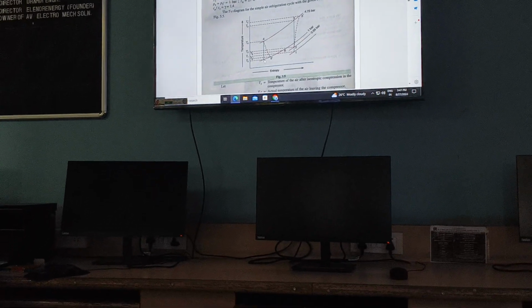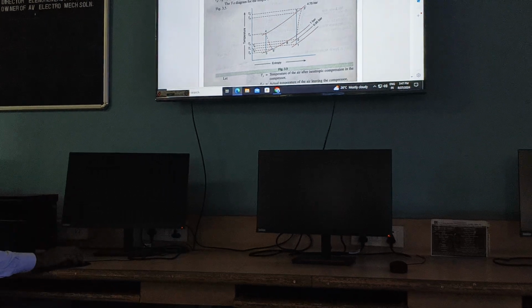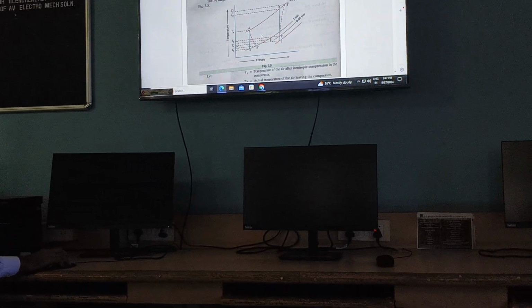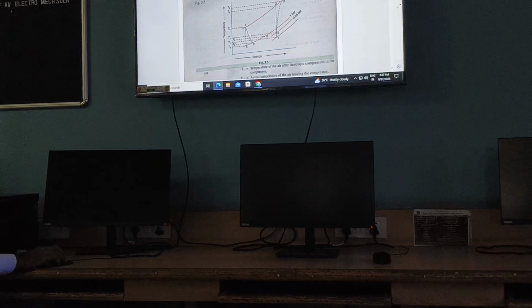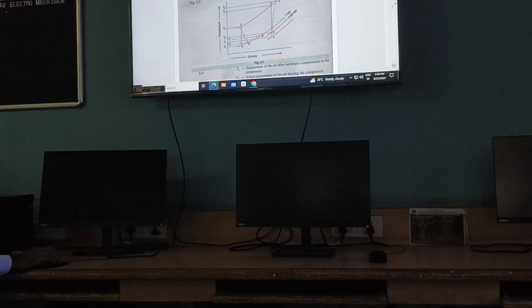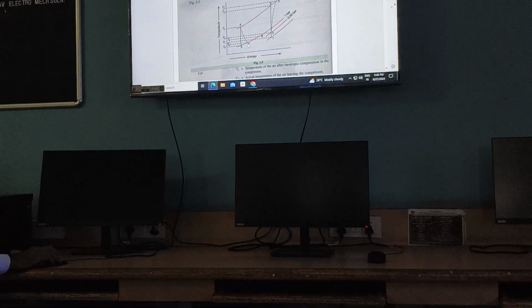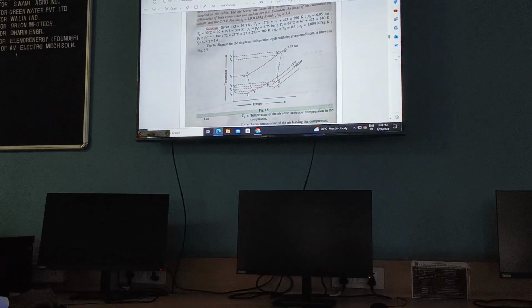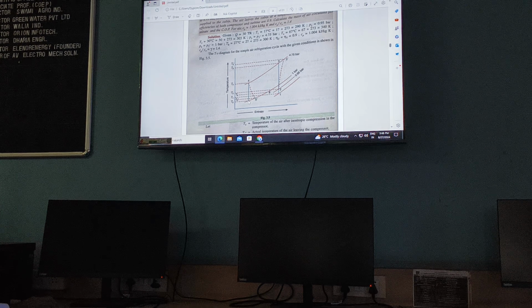Which point is on the upper side, right? Here 3 dash is on the upper side. As it is an inclined line, its length may be more, right? So length is not the only parameter to judge. So here the point has less temperature.